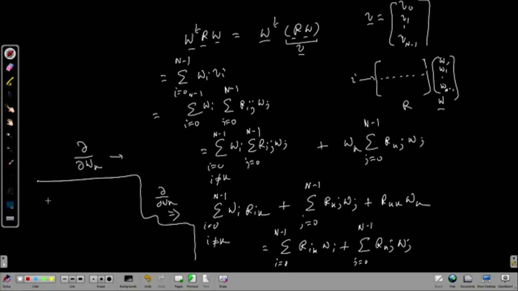So, it will give rise to twice r k i, or maybe instead of replacing j by i, replace i by j. I am just more fond of that. So, it will be r k j w j, since r i k is r k i, and then replace i by j here. So, r k j w j, the same summation, j equal to 0 to n minus 1.